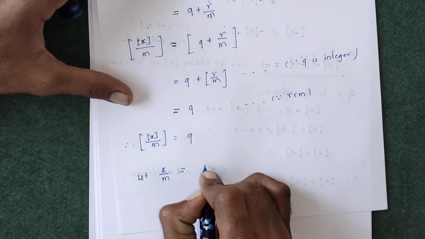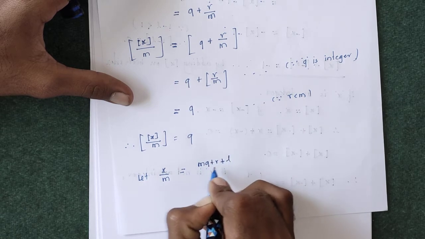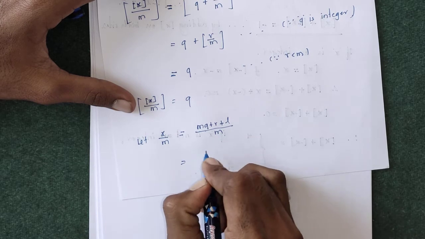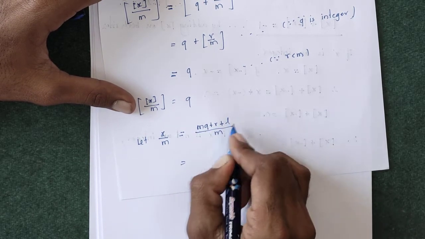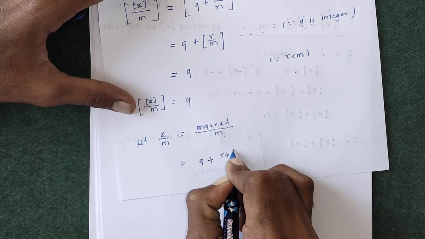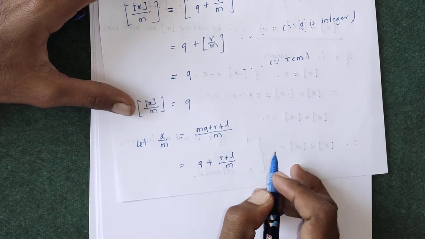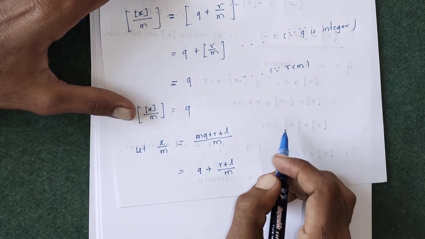So we get x by m as (mq plus r plus l) by m. Now similarly we divide mq by m and (r plus l) by m, and we can write q plus (r plus l) by m, just separating the denominator.